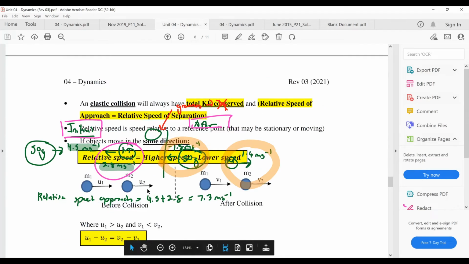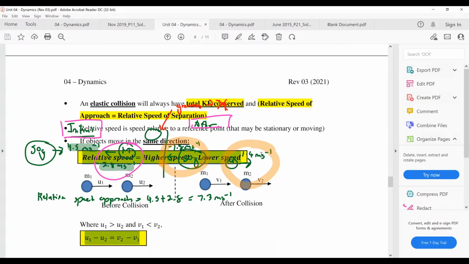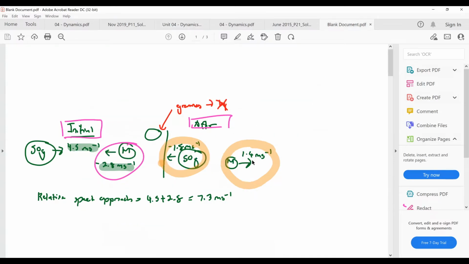Unless you see them moving in the same direction, only then you just take the higher speed minus the lower speed. So in your case here, after the collision, both objects actually move off in opposite directions. You will still add up their speeds. So relative speed of separation, this is of approach.